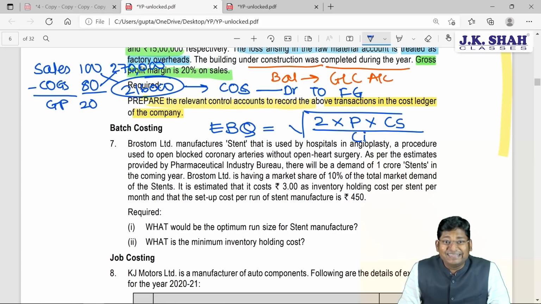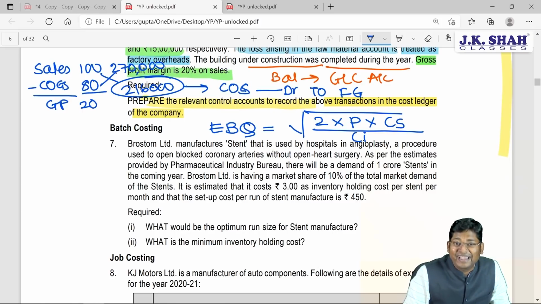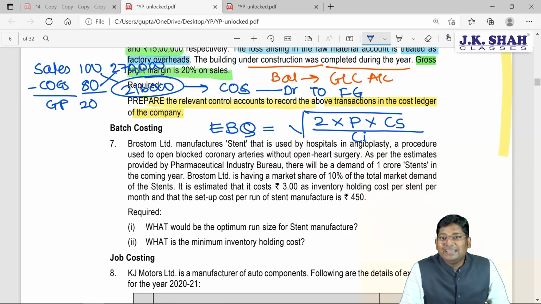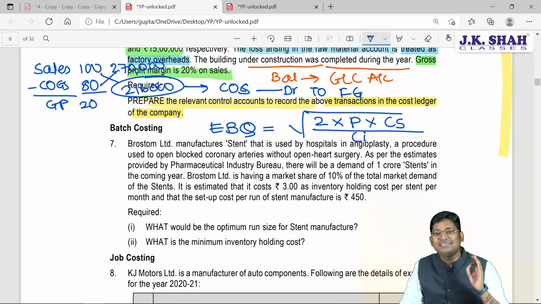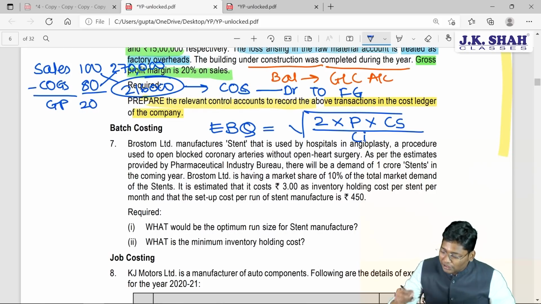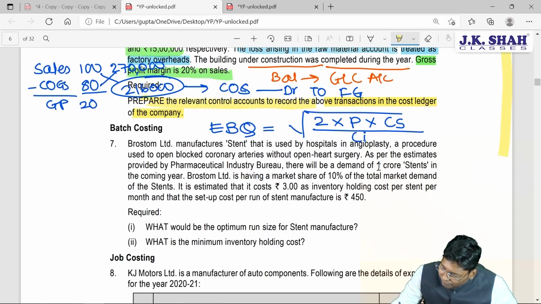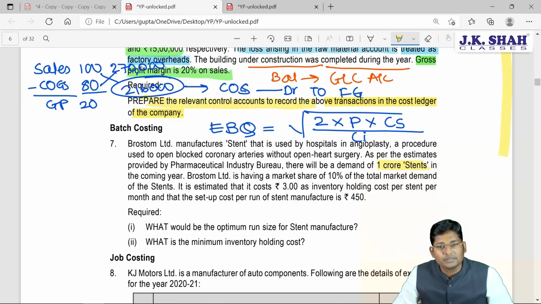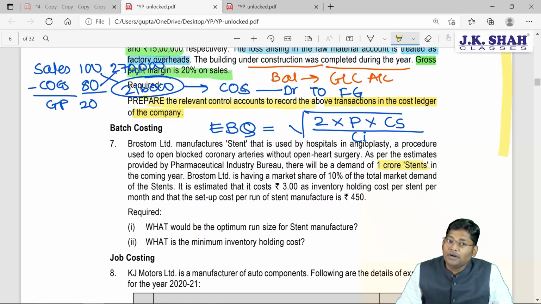As per the estimates provided by the Pharmaceutical Industry Bureau, there will be a demand of 1 crore stents in the coming year. There will be a demand of how many stents? 1 crore. So this many stents we need to produce first. Now Prostem Limited has a market share of 10% of the total market demand of the stent.